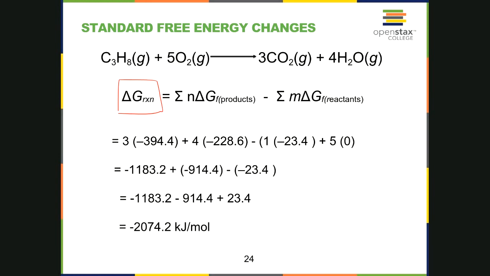Now we did that on that worksheet, but in that case we were using the Gibbs free energy equation, delta G equals delta H minus the temperature in Kelvin times the delta S. And we had a value for delta H, and we had a value for delta S, and we knew what the temperature was, and we just put those all together, and we got our answer.